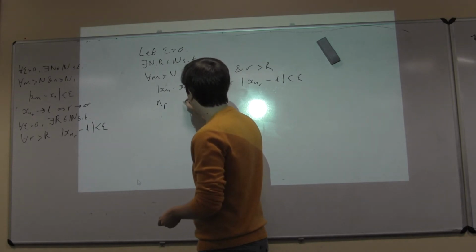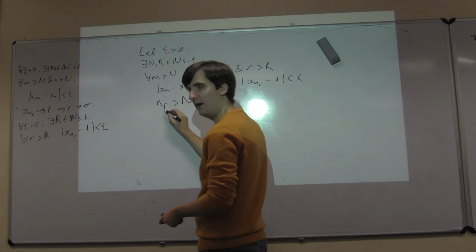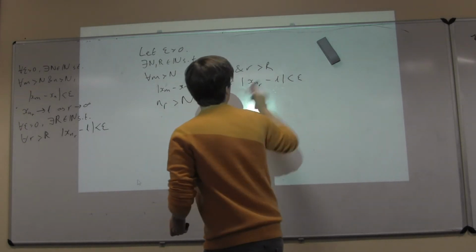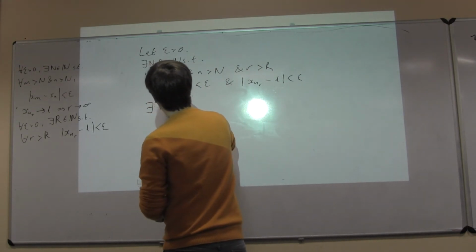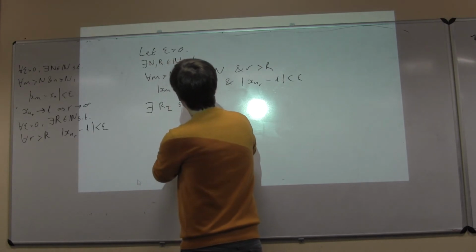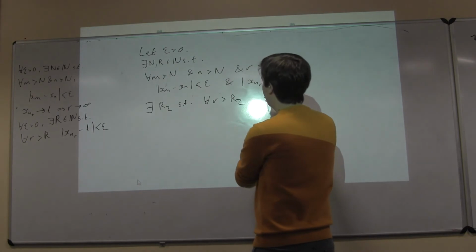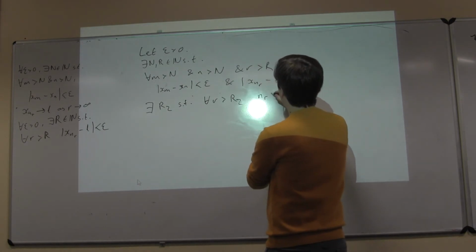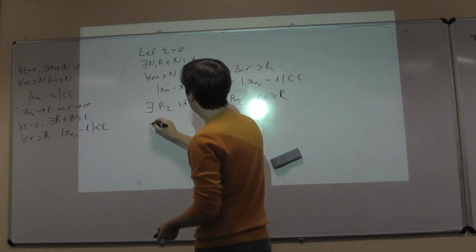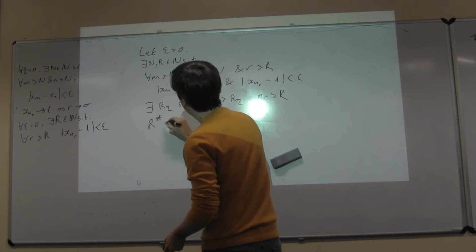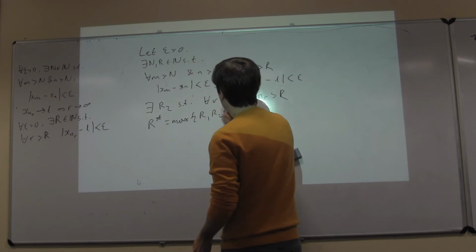Eventually, n sub r will be bigger than N. Okay, for sufficiently large r, n sub r will be bigger than N. So, if you like, we can say there exists r2 such that for all r bigger than r2, n sub r is bigger than N. Okay, so we define r star as max of R and r2.